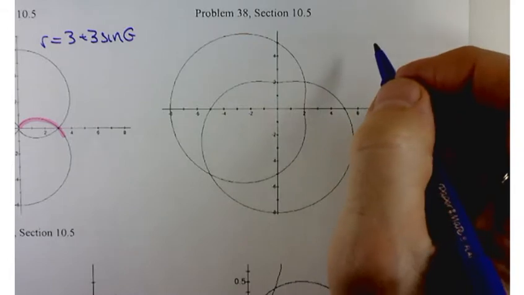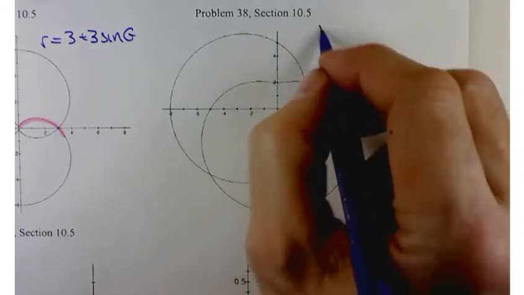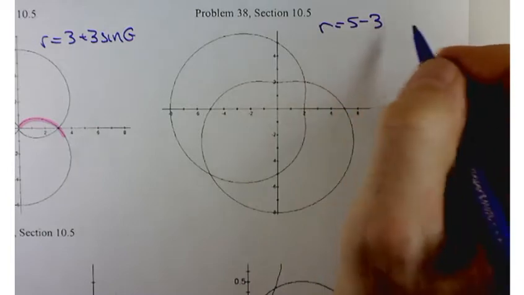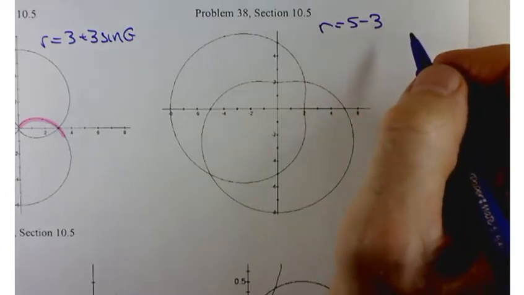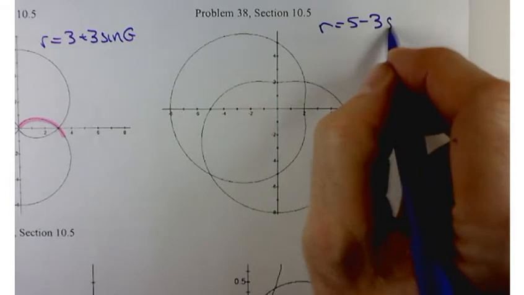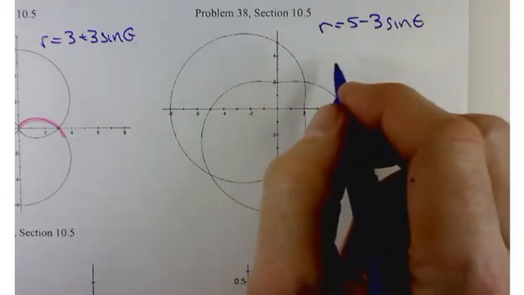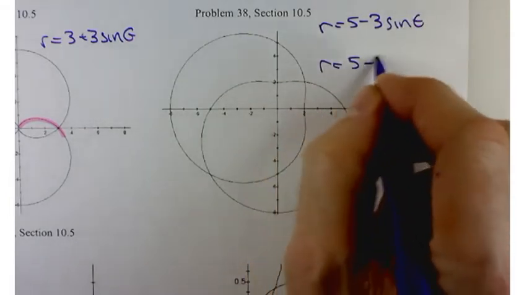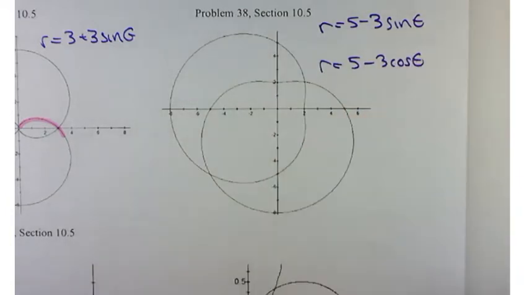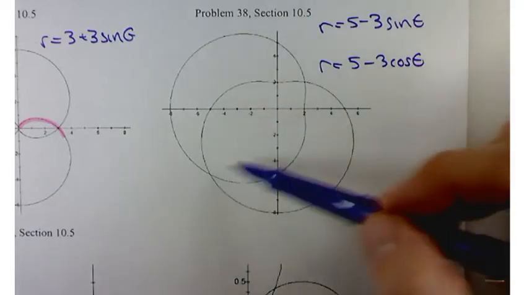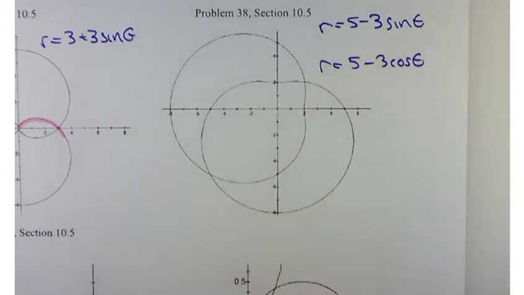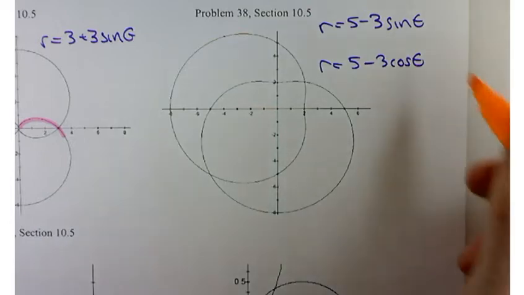Our 2 equations in this case are r equals 5 minus 3 sine of theta, and then 5 minus 3 cosine of theta. So once again, we're faced with trying to find an area in this region that's kind of a common region. Let me think about which one's going to be which.